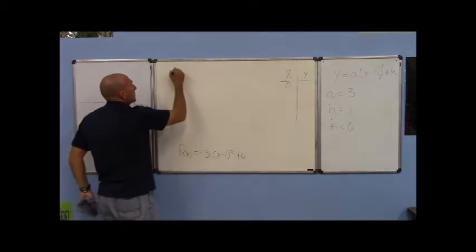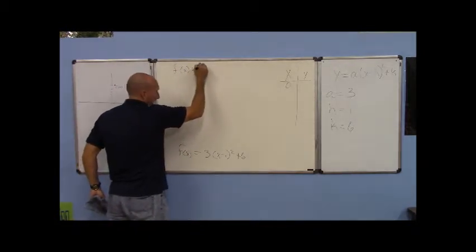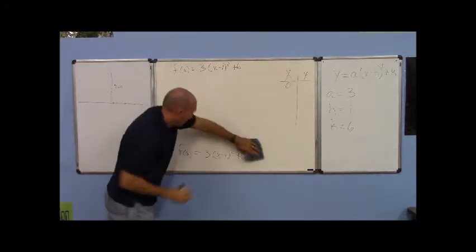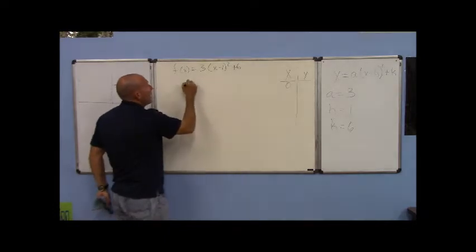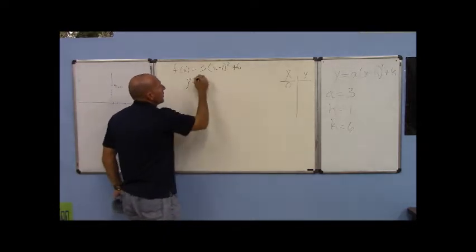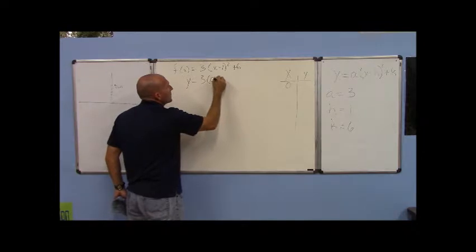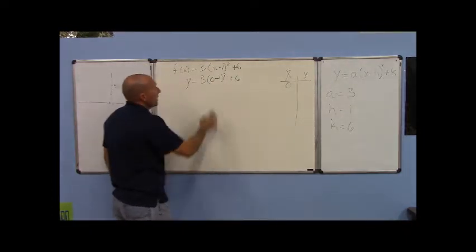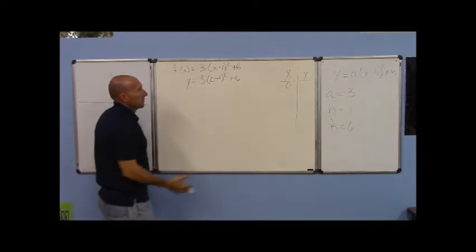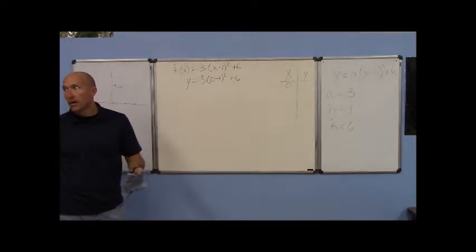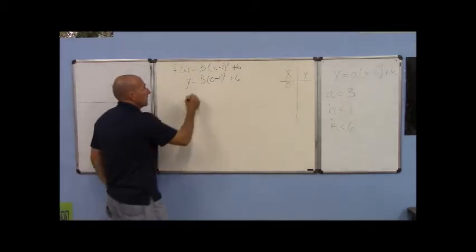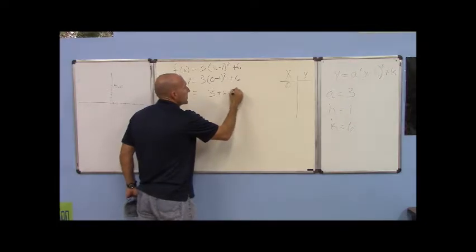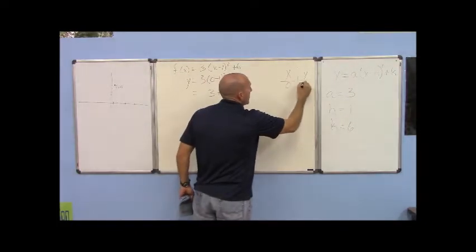So I'm going to rewrite it. f of x equals 3 times x minus 1 squared plus 6. All right, so now we have y, because we're solving for y, 3 times 0 minus 1 squared plus 6. So 0 minus 1 is still minus 1. Minus 1 squared is 1. So we have 3 times 1 is 3 plus 6, which equals 9. So when x is 0, y is 9.